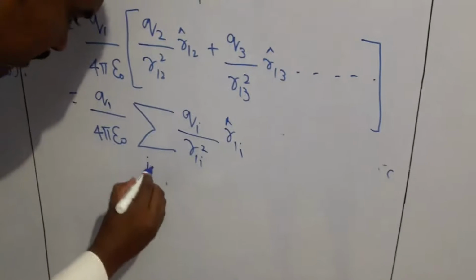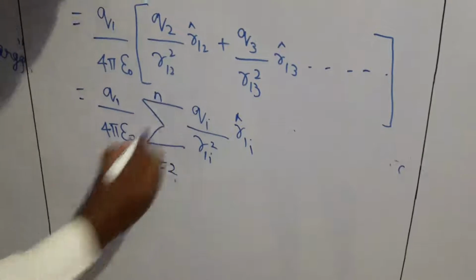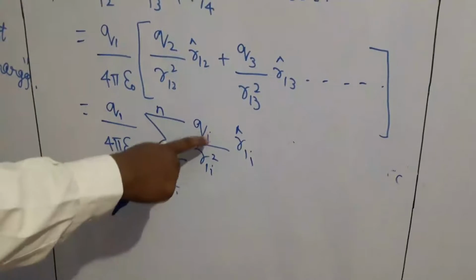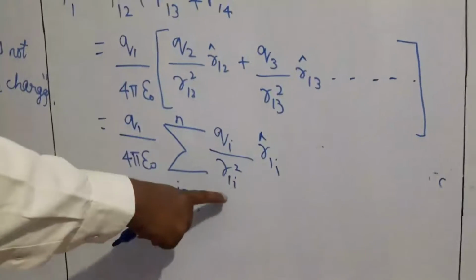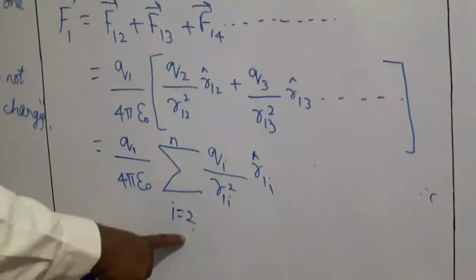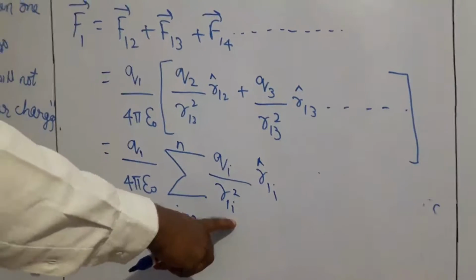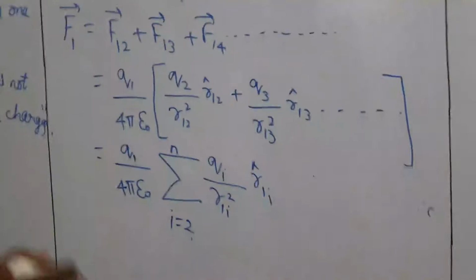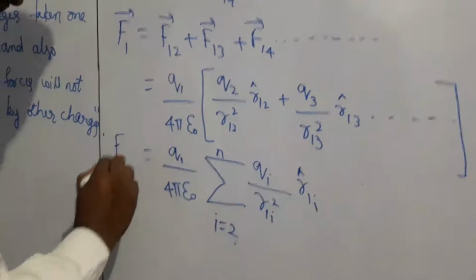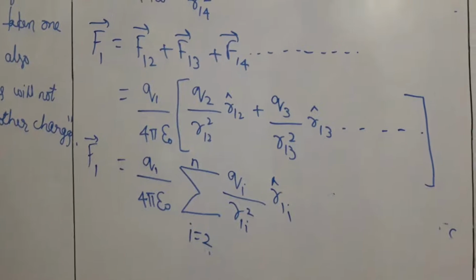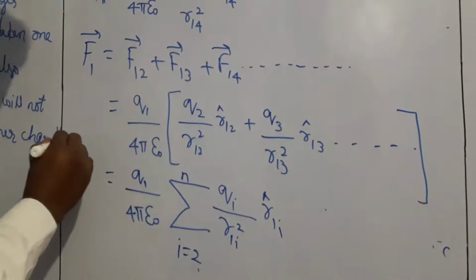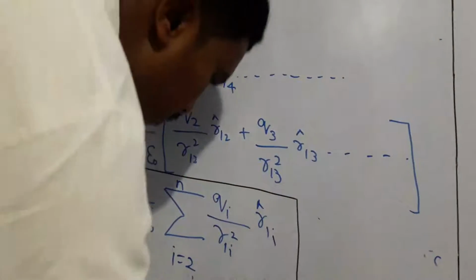Now from where to where can i run? i can run from 2 to n, because if you substitute first 2 in the place of i, you will get Q2, then you will get Q3. Like that, R12 square will come, R13 square will come, and so on. This is the net force acting on Q1 due to all other charges by using the superposition principle.